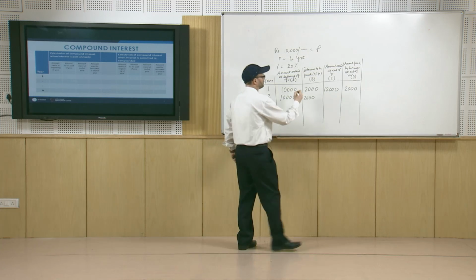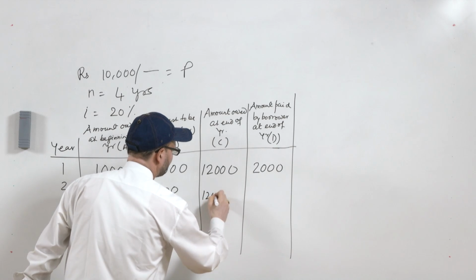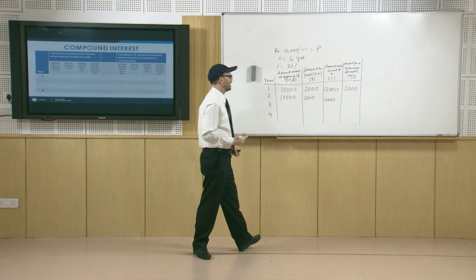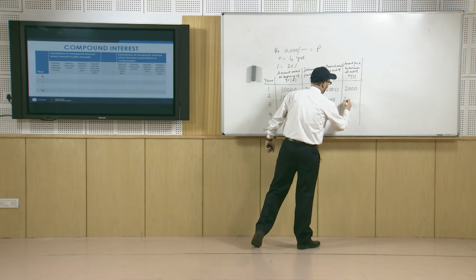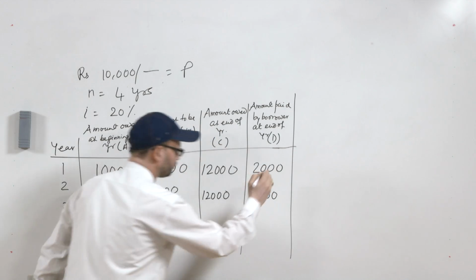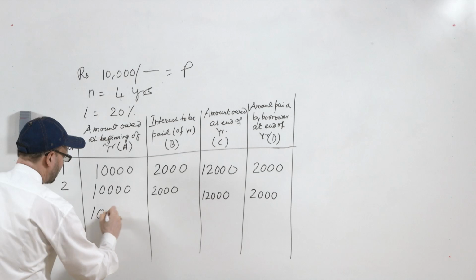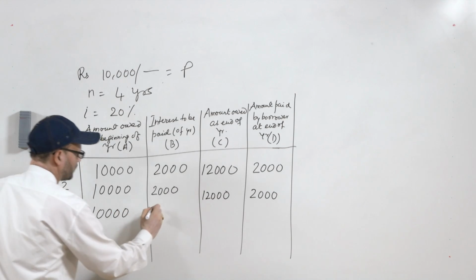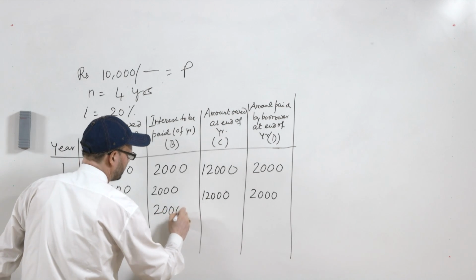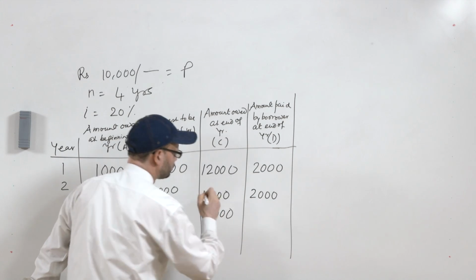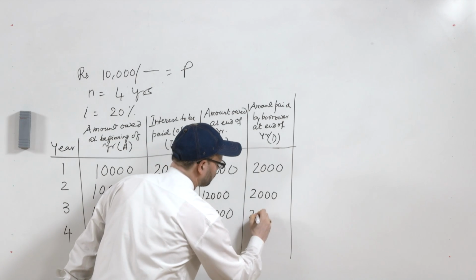So again the total sum comes out to be 12,000, and he is paying annually the interest charged, so 2,000 he pays back again. In the third year it again remains 10,000, he has 2,000 interest, so the amount owed at the end of the third year is 12,000, and he has paid 2,000.